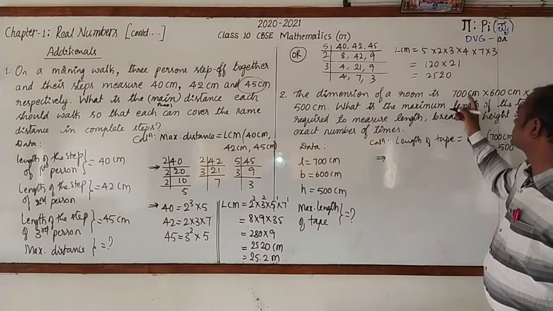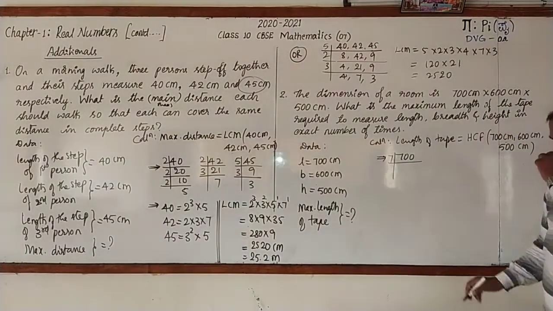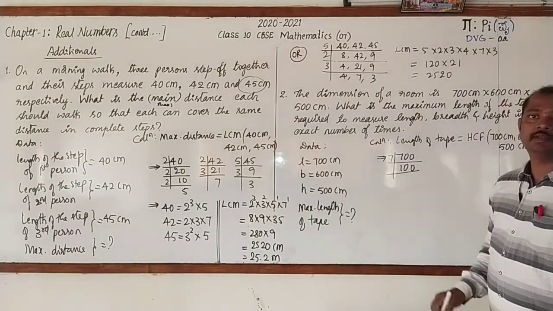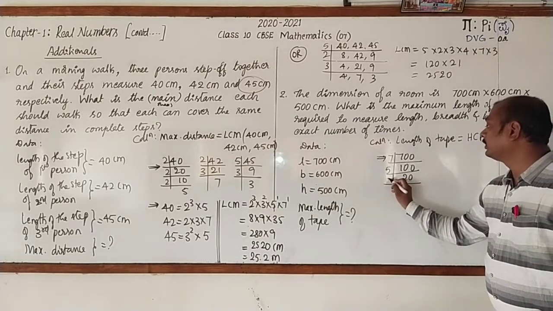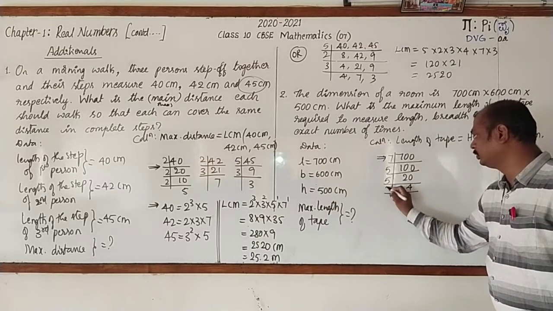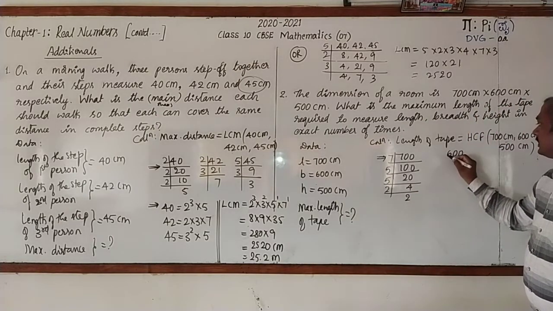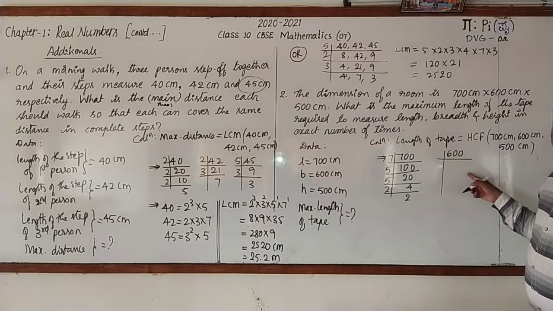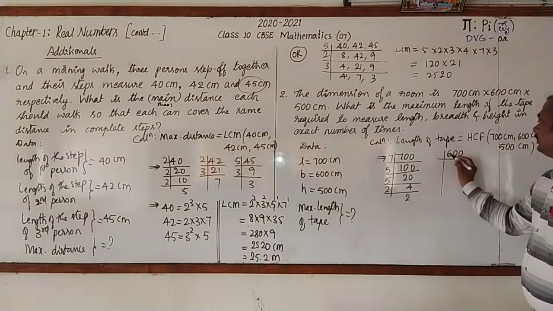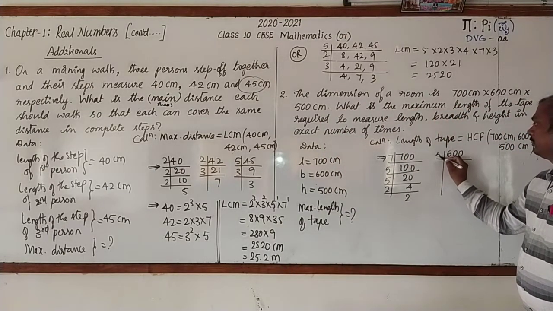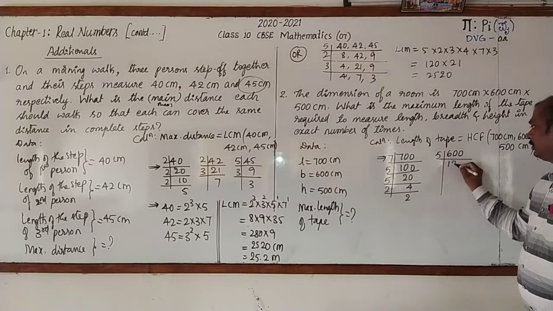Here 700 is there. Now find the factorization. 700, then 5 2s are 10, 0s. Then again 5 4s are 20, 2 2s. Next, another one, 600. You have to use a scale and pencil to draw the lines. Do remember. Now this is again 5 because we want prime numbers. 5 1s are 5. Then 10, 2 5s are 10.